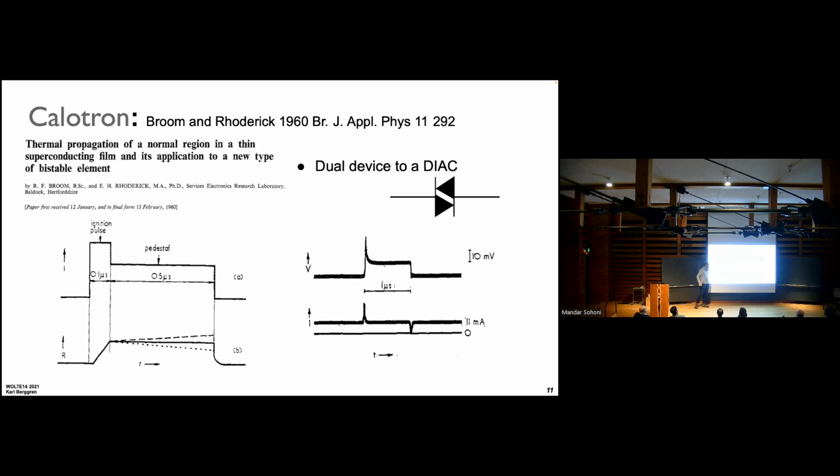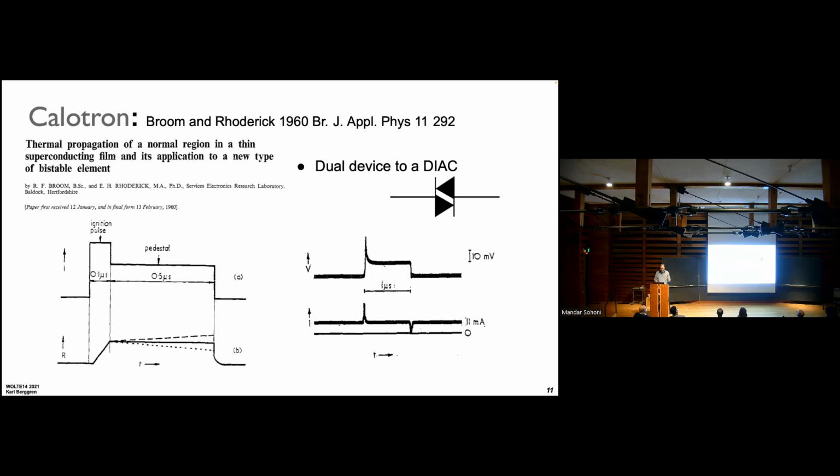It latched into the normal state. You could hold that normal state until you had a negative-going pulse that would unlatch you from that state. That's a dual to the modern semiconductor device, the diac, which is a form of a thyristor.